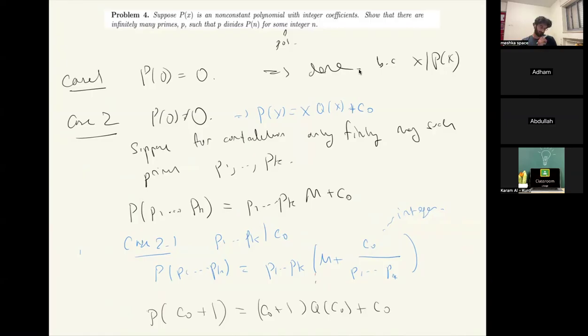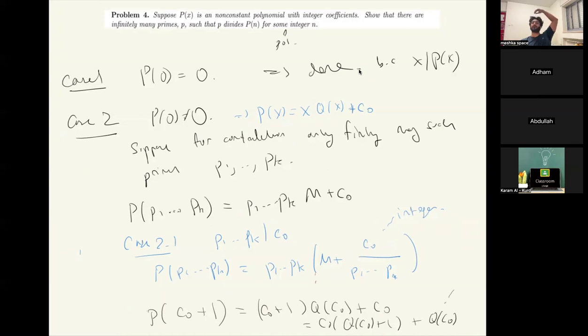The only thing I can really deduce is that this is not divisible by c0 plus 1. I don't know what else to say. It could still be divisible by c0, right? Because this is equal to c0 times q of c0 plus 1 plus q of c0. But now I have q of c0, which could be divisible by c0, maybe not.